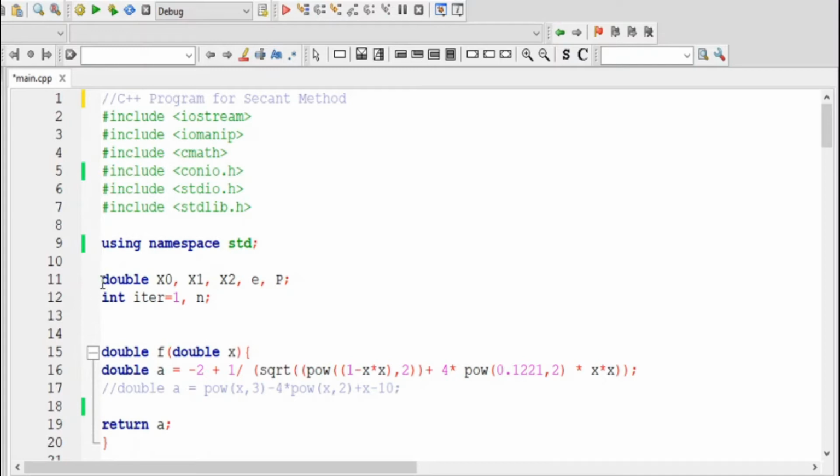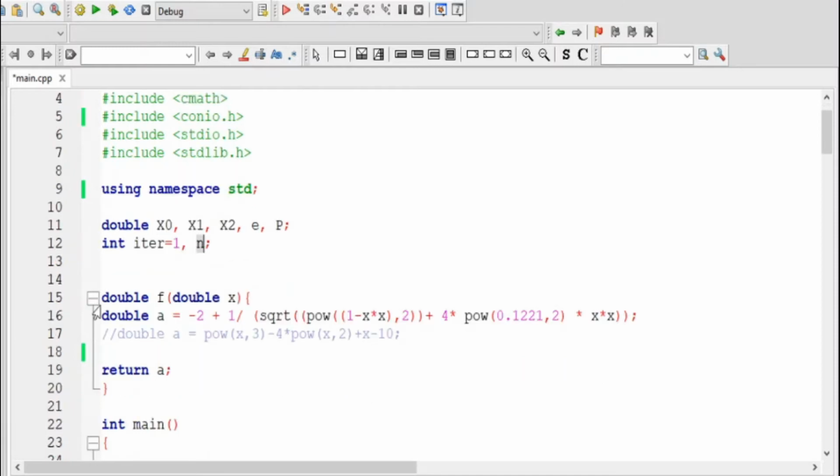This is the declaration of the variables which are used in the program. Here, we declare double x sub 0, x sub 1, x sub 2, the accuracy E, and the precision P. We declare iter, initialized to 1. The iteration will start at 1 and end at the number of segments, as an integer.